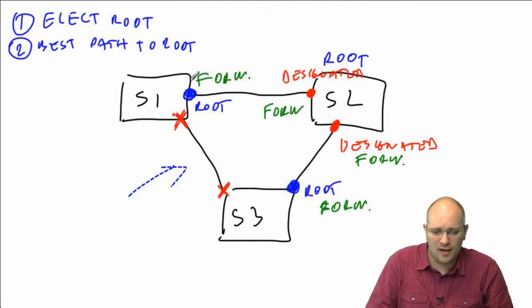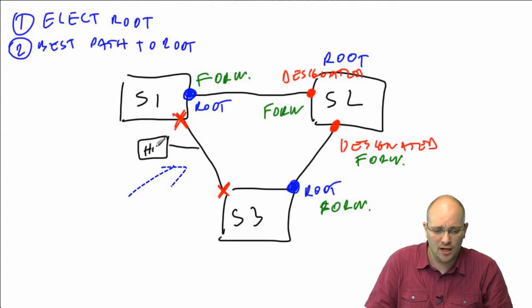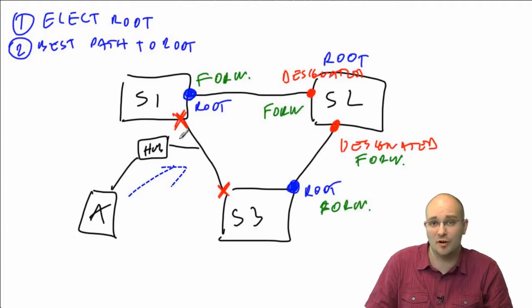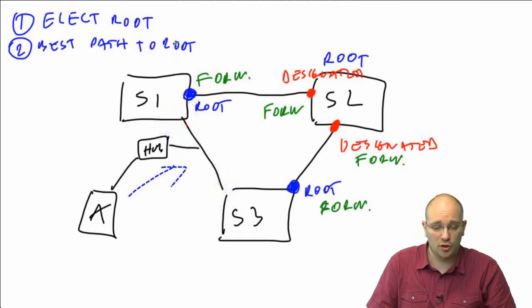But if we choose to block this port on both sides, on switch 1 and switch 3, what would happen if we had a host here, let's say connected to a hub, that wanted to communicate with the rest of the network? If none of these switches was delivering the traffic to this segment between switch 1 and switch 3, we would not be able to service host A. This is why only one of these switches needs to block the traffic.